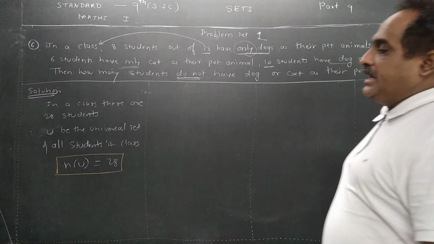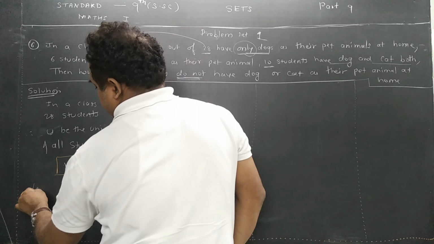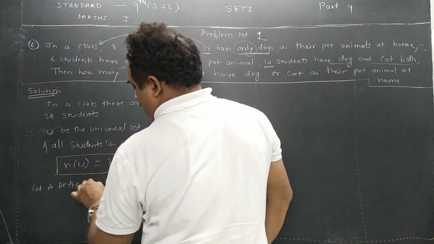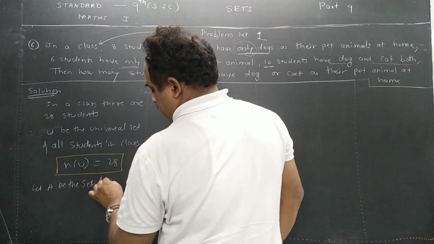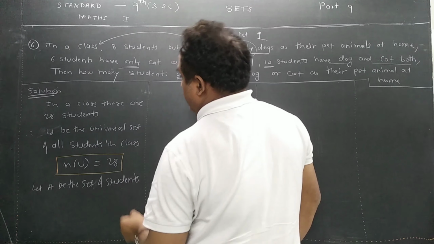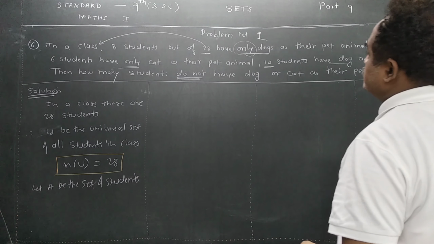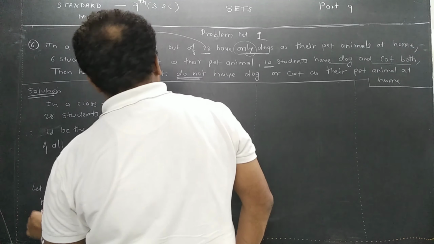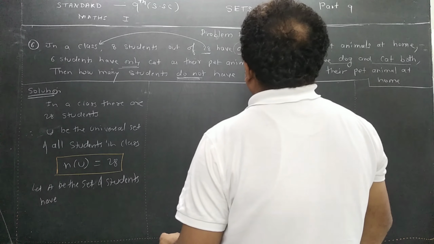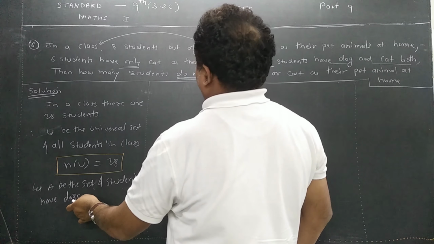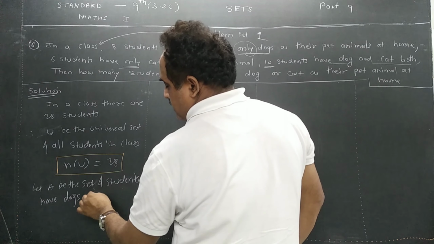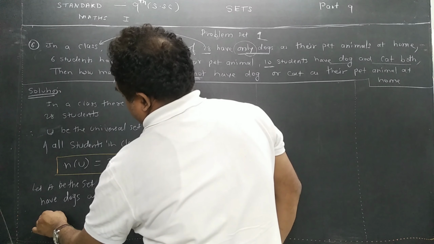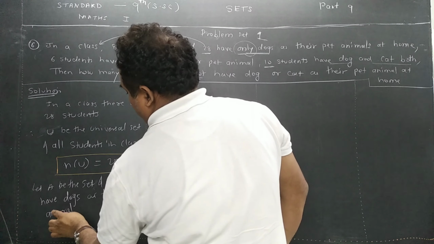And if I am taking, let A be the set of students who have dogs as their pet animal. I think all of you know what the meaning of pet animal is.